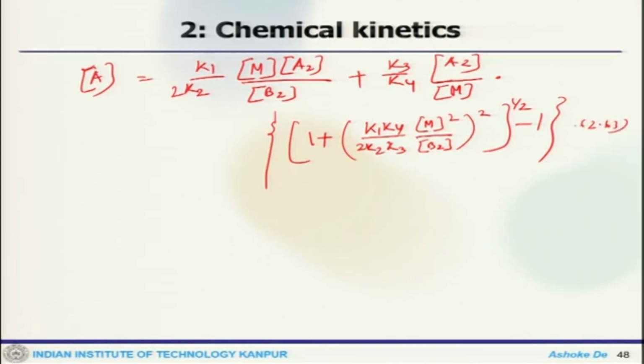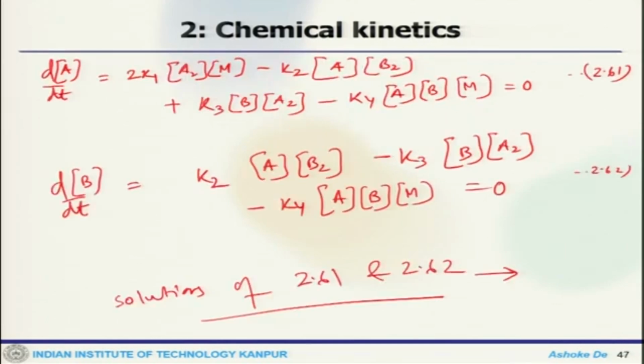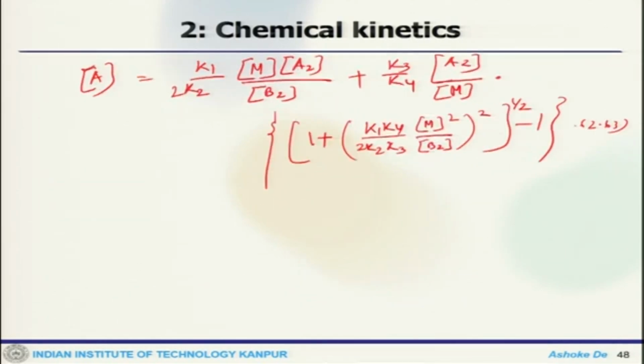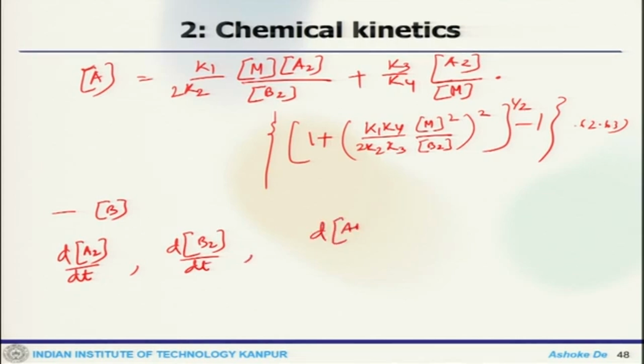So, this is a bit involved algebra. This is how the simultaneous solution of these two equations gives you A. Similarly, one can find the concentration of B. Now, with the steady state values of A and B, we can find dA2/dt, dB2/dt and dAB/dt for some initial values of A2 and B2.